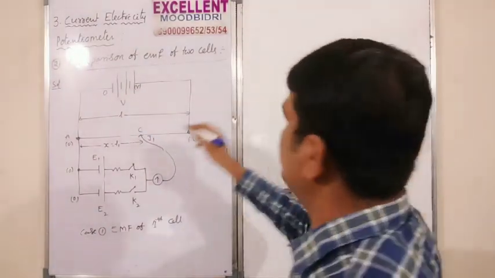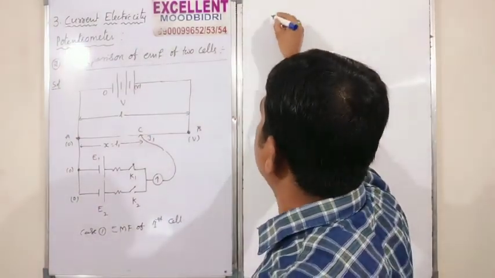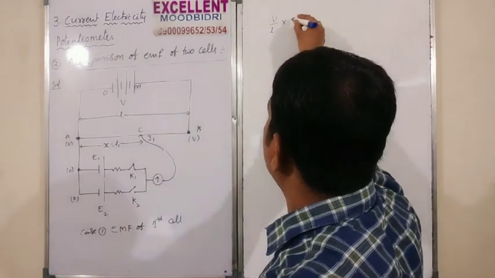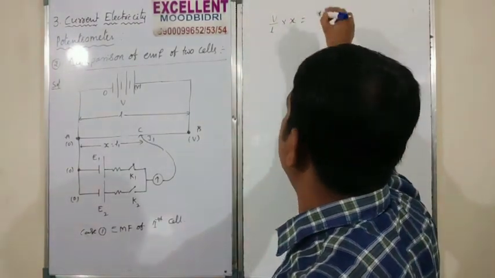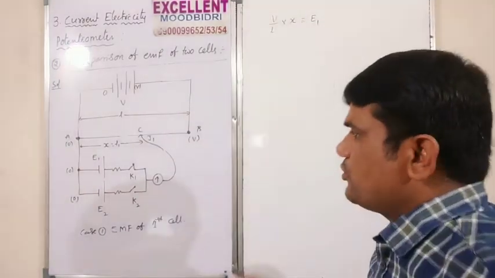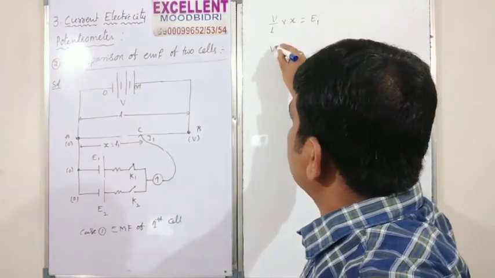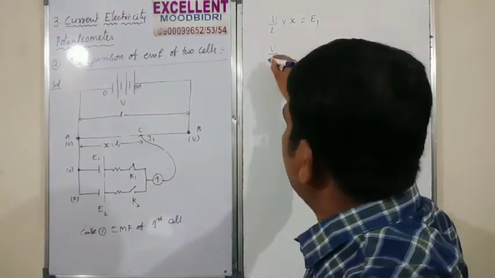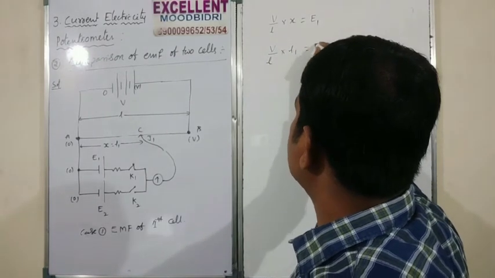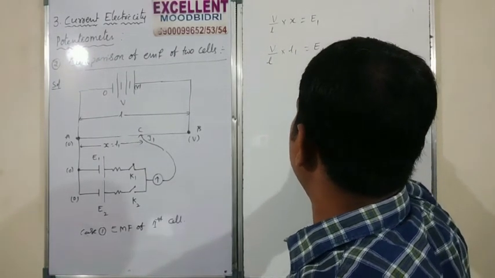So according to the formula, V by L into X1 is equal to E1. Therefore V is equal to V only, and the total length is L. So V by L into L1 is equal to E1, equation number 1.